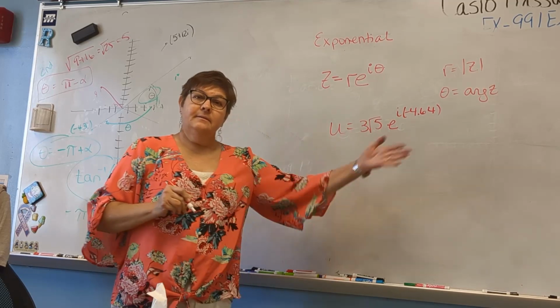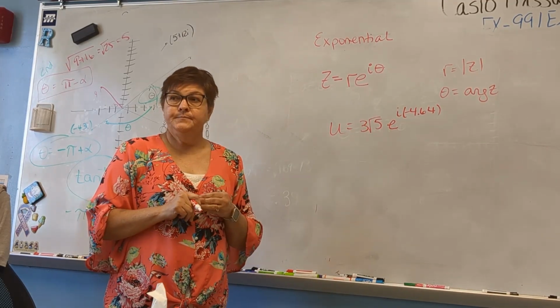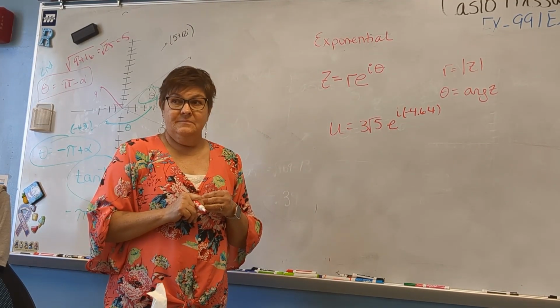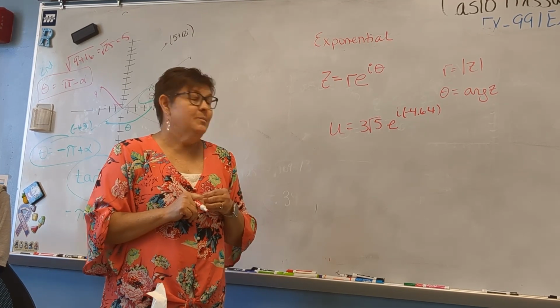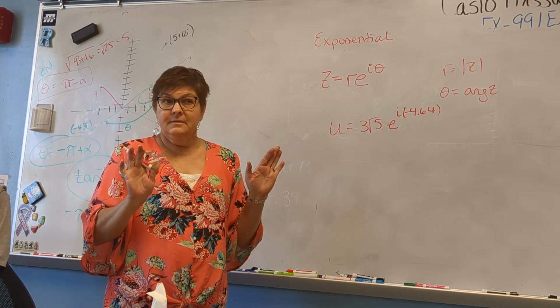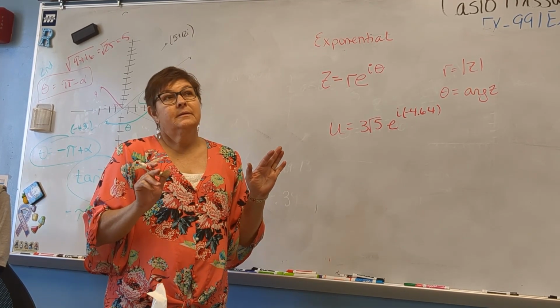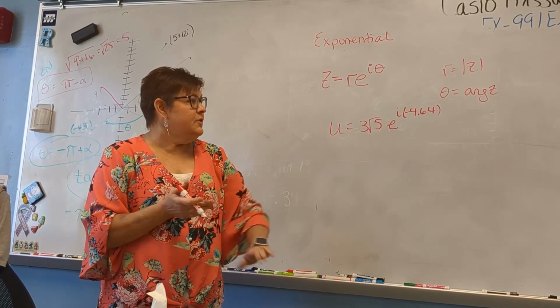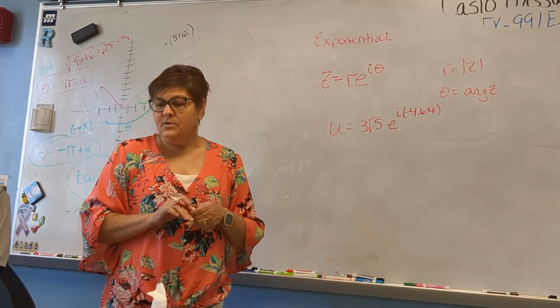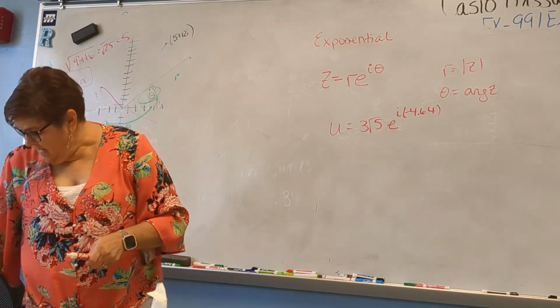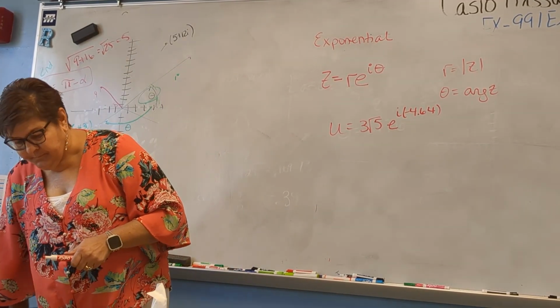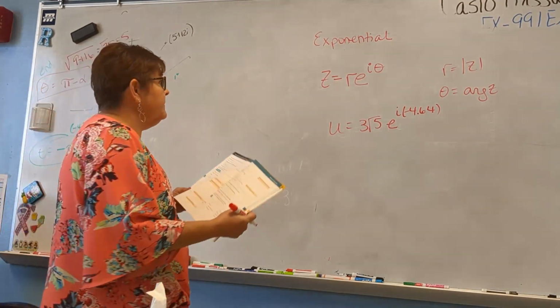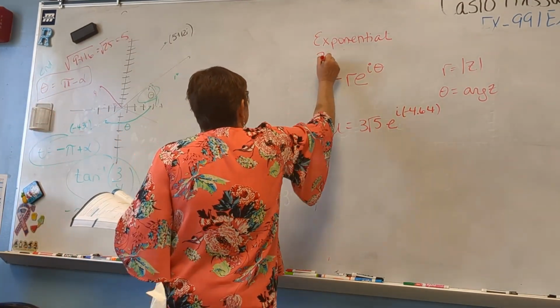And that is exponential form. It's really ugly. Could you take W and make it into exponential form, please? This is the one we just got done working with.